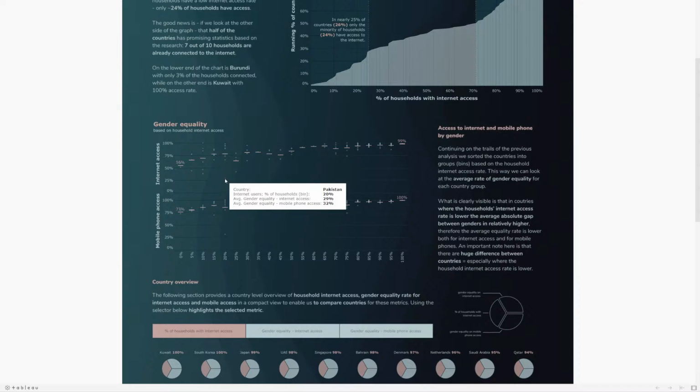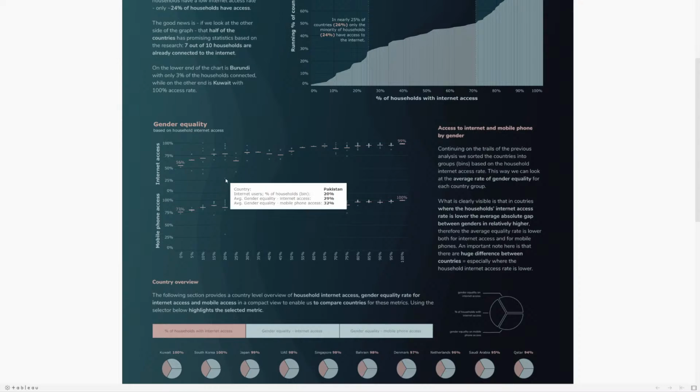Yeah, and I found Pakistan in the internet access one, and as I know from the previous visits, Pakistan is the one where there's the biggest gap. So I look at the column that says 20%, and on the top part, 20% is internet users, and then there is 29%. I just don't know what this 29% means, because it says average gender equality for internet access.